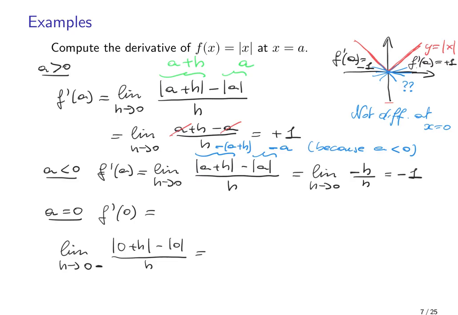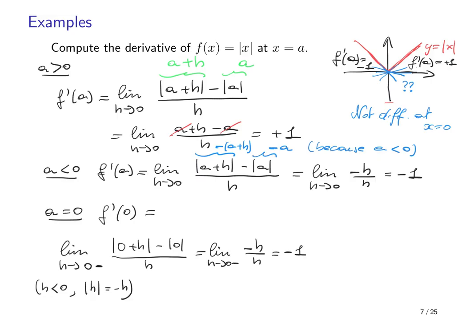Now h goes to 0 from the negative side means h is negative, and therefore the absolute value of h is minus h. So our left limit becomes the limit as h goes to 0 from the left of minus h divided by h, and that gives us minus 1.